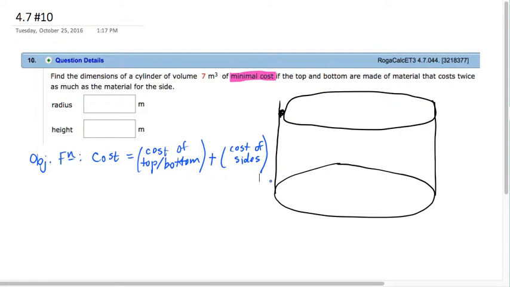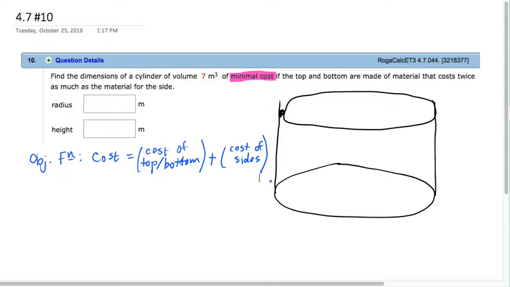Okay, we have a cylinder. If you're building a giant cylinder, how do you compute cost? How much material does it take to make the top? That's referring to area, right? So it's your area times your cost, whatever that is.